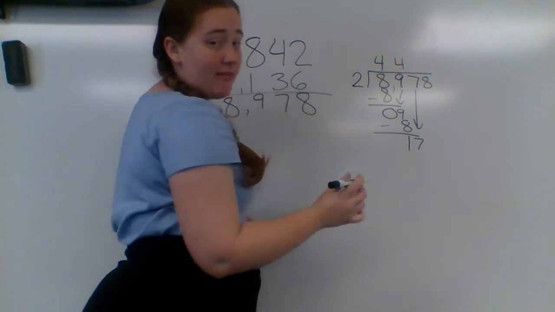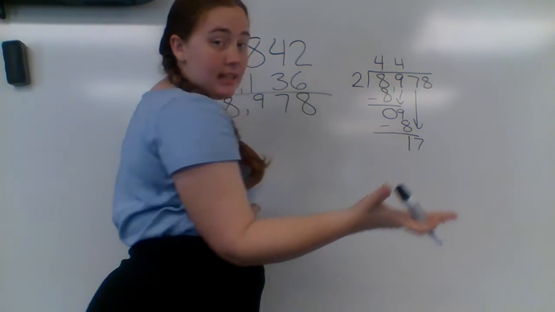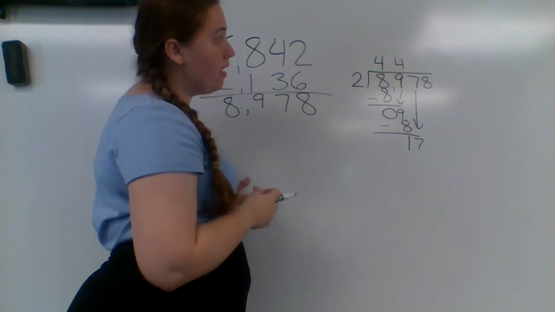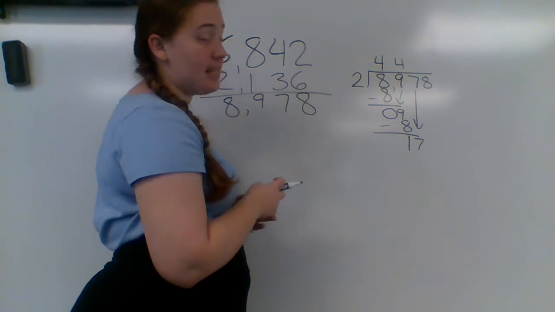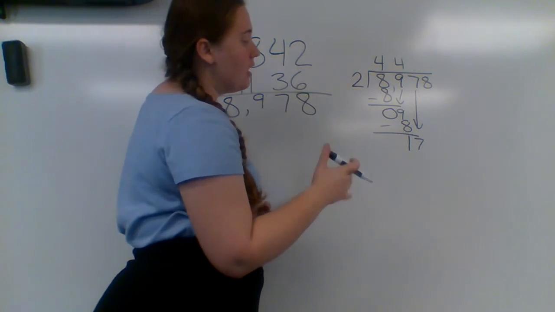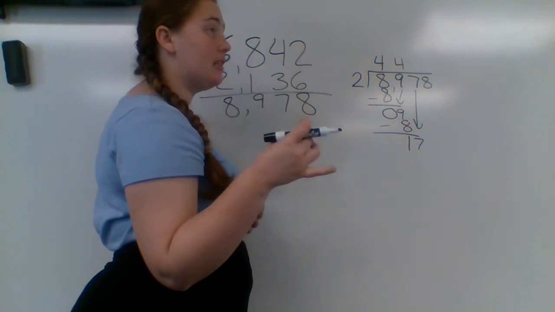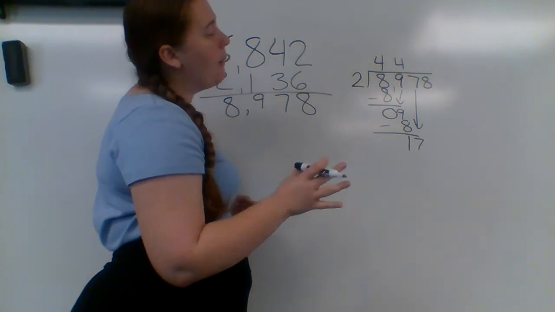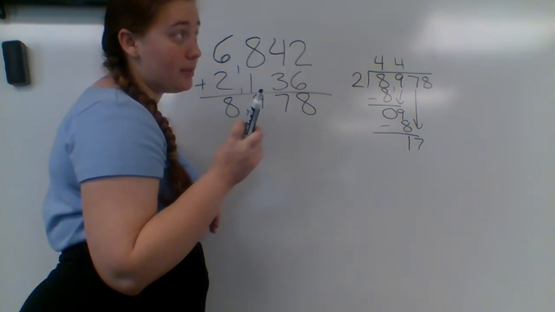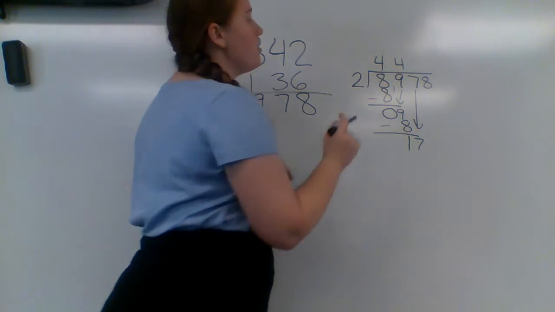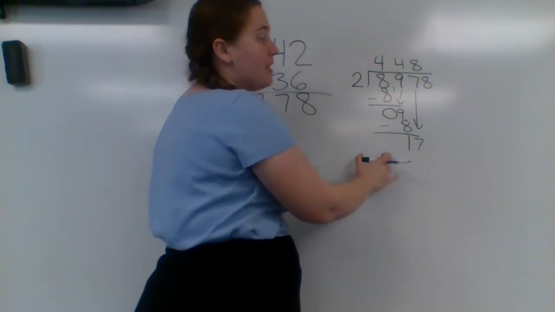And now we don't just have 7, we have 17. 2 will go into 17 how many times? 2, 4, 6, 8, 10, 12, 14, 16, 18. 18, we already passed 17. So we'll do 16. But what number do we have to multiply by 2 to get to 16? That would be 8. So we're going to put 8 right here. 2 will go into 17 8 times.